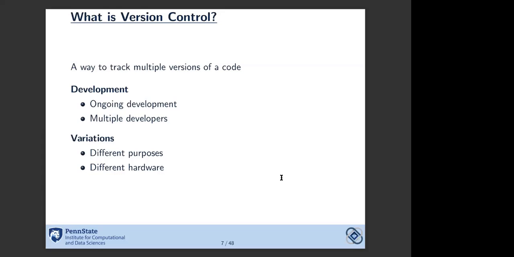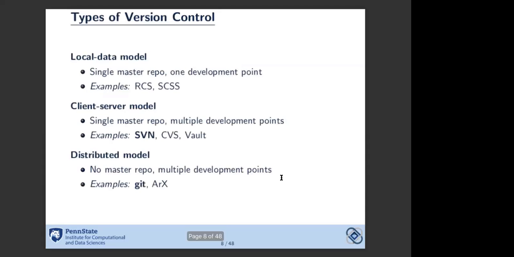It can also be helpful whenever there's different variations of code. Maybe you have different versions of code that targets different types of hardware, or maybe different variations of code serve different purposes. So these are all things that can be easily handled within a version control system.